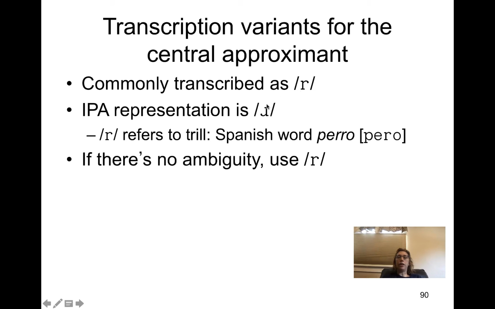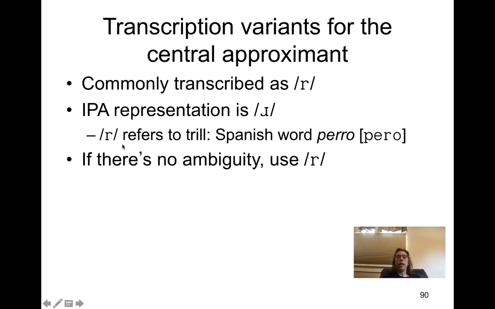I need you to understand that the right side up R actually refers to a trill, right? A single trill, the Spanish trill. So in a word like perro, all right? That is technically what this refers to.